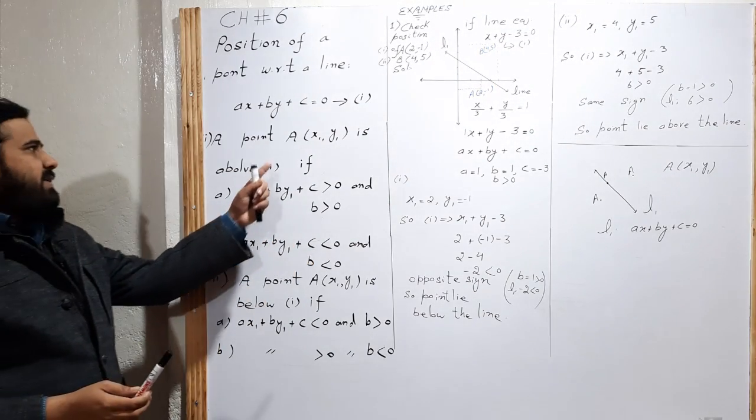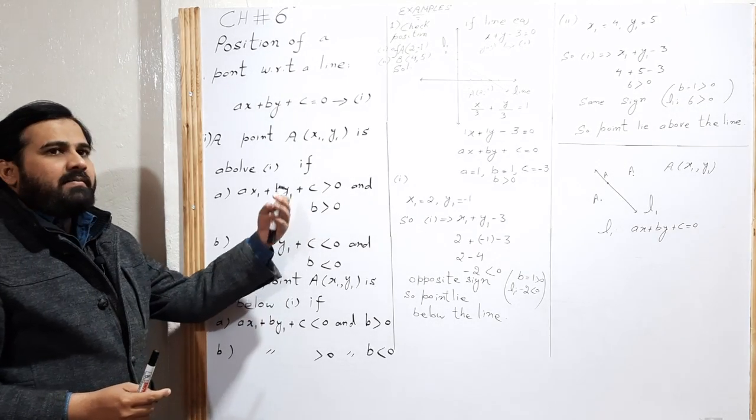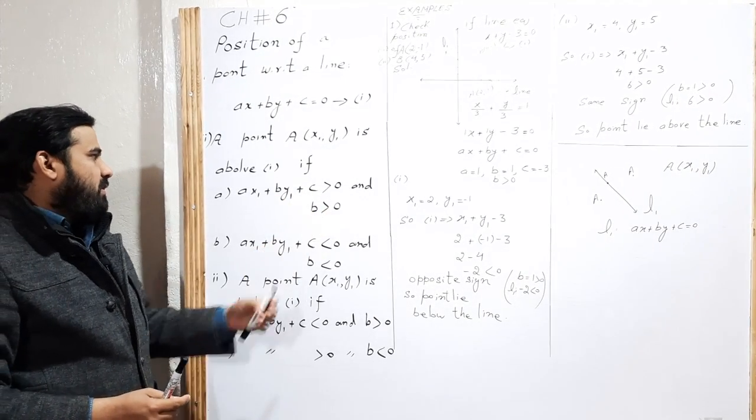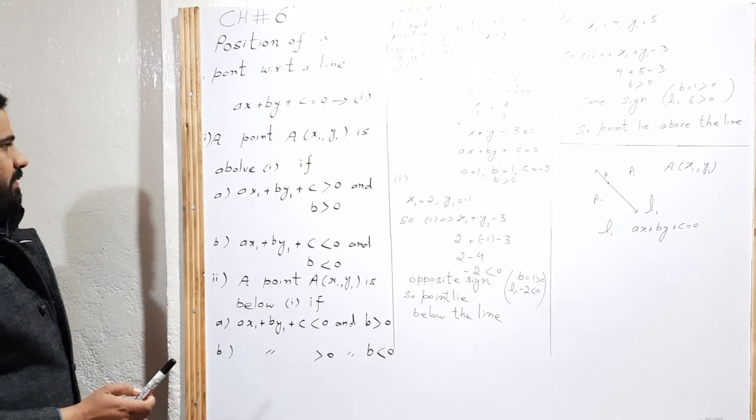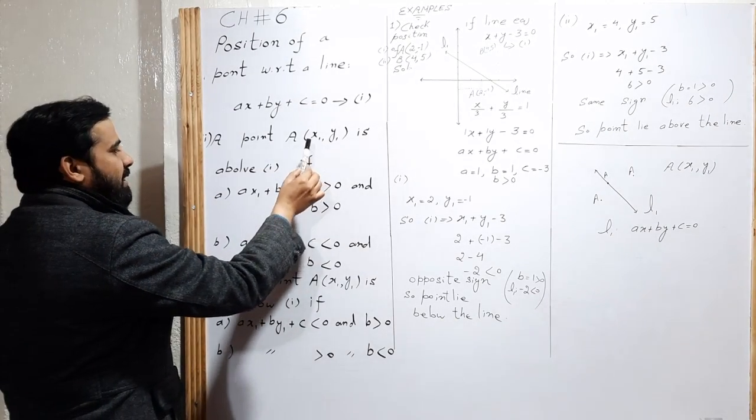After putting the point in the line, if the result and b are greater than 0, it means the same sign, then the point lies above the line.